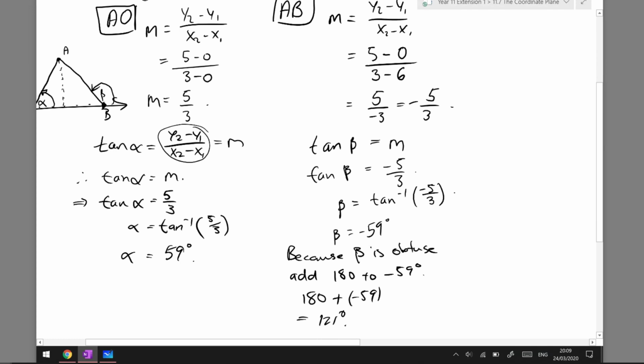Because remember, it has to add up to 180. So, no, it should be 111 degrees. Because if I add 59 to that, the 9 gives me 20, and then the 5 gives me 101 degrees.